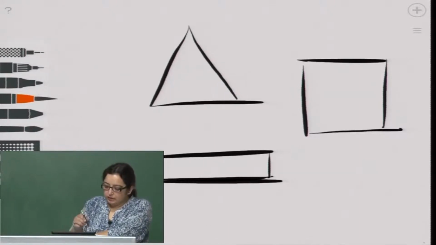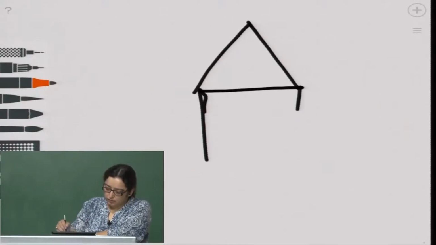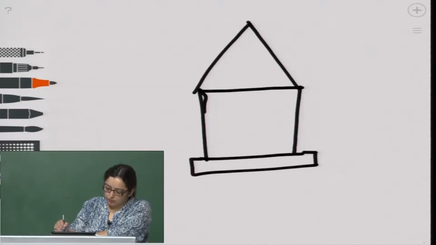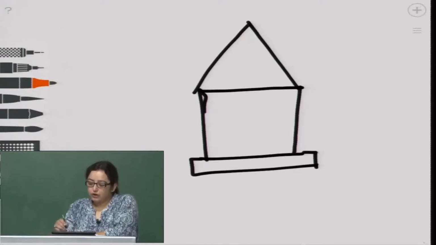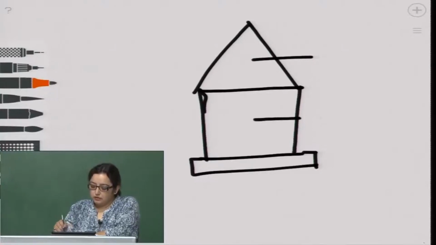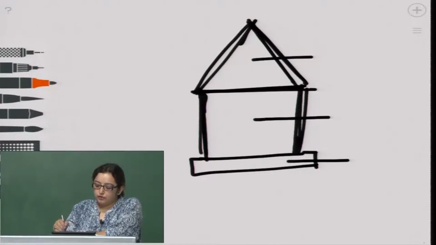We combine them, so, a combination of a triangle and a square and a rectangle will give us some association of a heart.